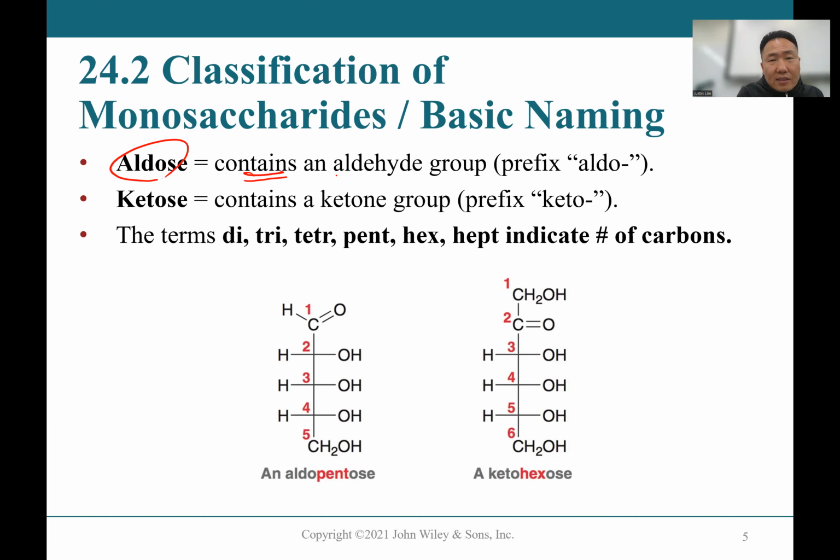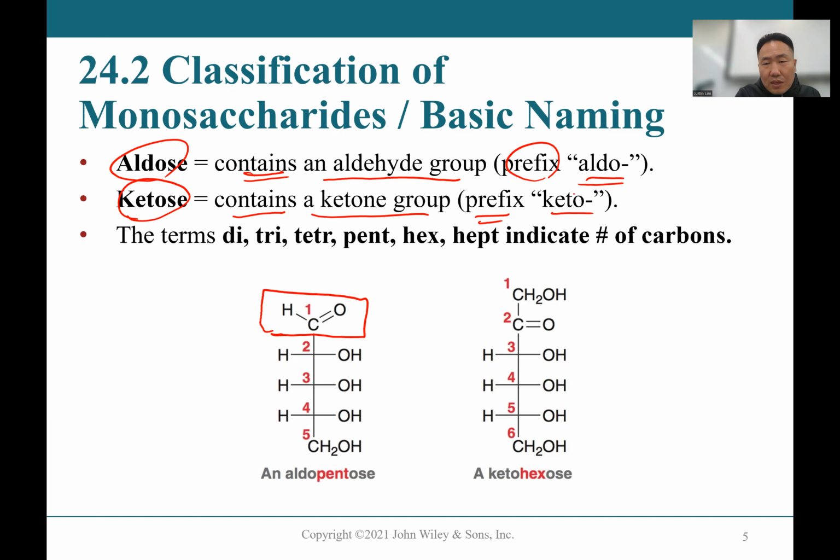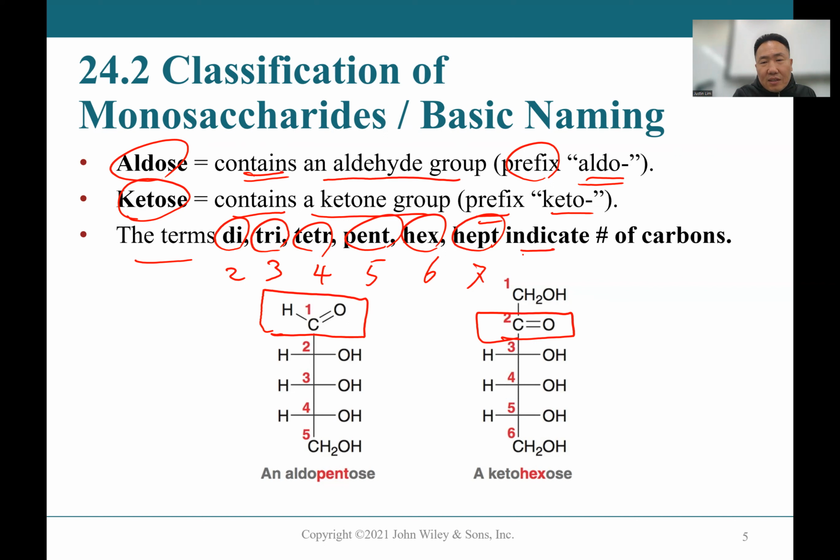Aldose contains an aldehyde group, prefix aldo. In this case, this one, aldose. Ketose contains a ketone group, prefix keto. In this case, ketose. The terms di, 2, tri, 3, tetra, 4, pent, 5, hex, 6, hept, 7 indicate the number of carbons.